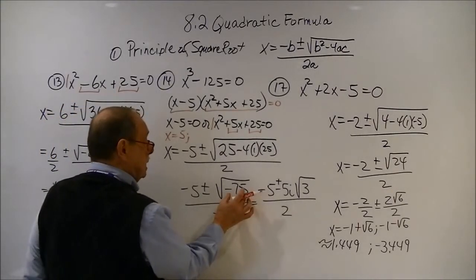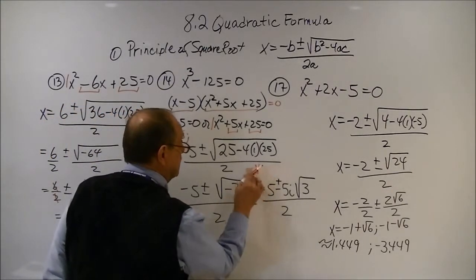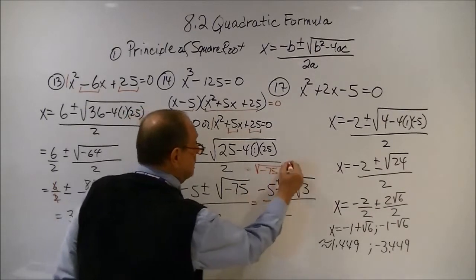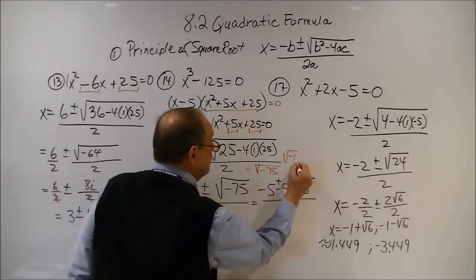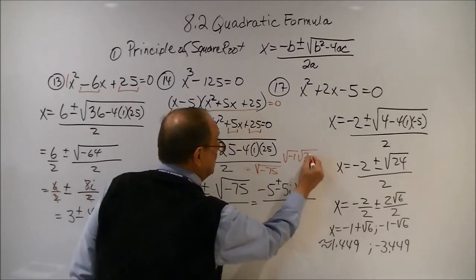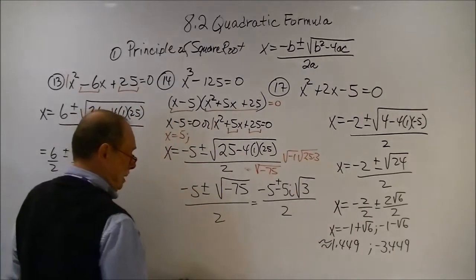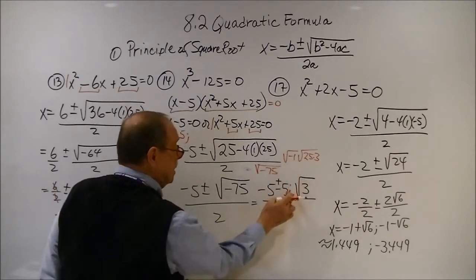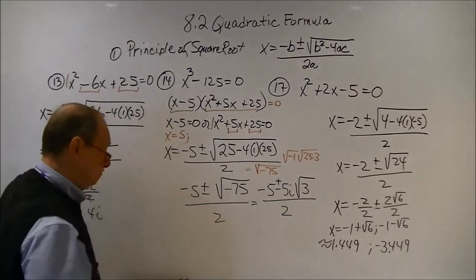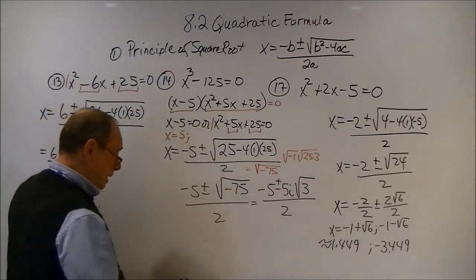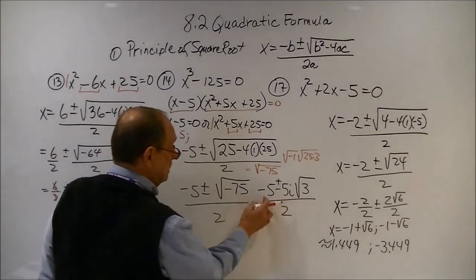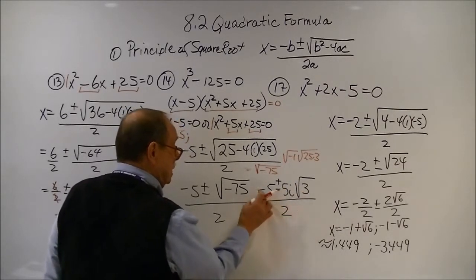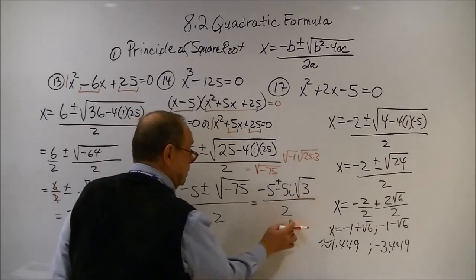Now, I divided a negative 75 into 2 parts. The square root of negative 1, and then in a sense the square root of 25 times 3. The square root of 25 is 5, and there's my i, the square root of 3. So here are my 2 answers. A negative 5 plus this over 2, negative 5 minus this over 2.